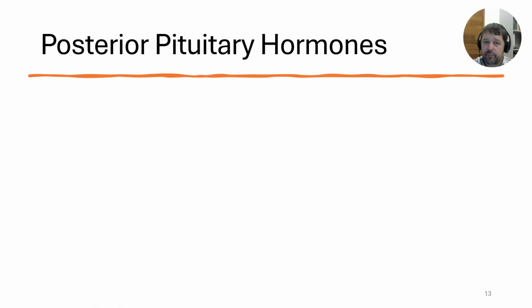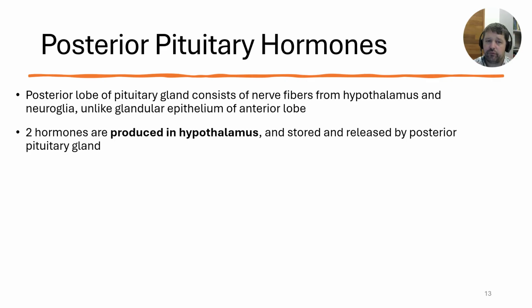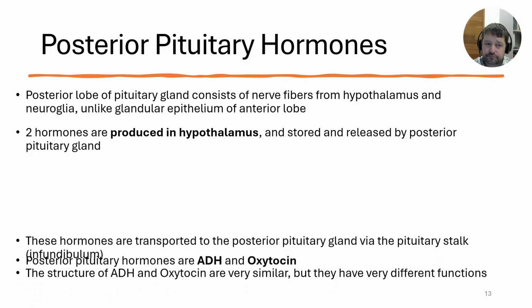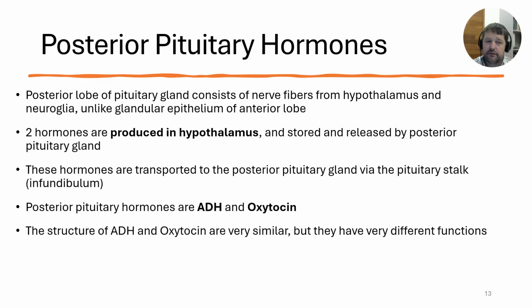All right, let's look at the posterior pituitary hormones. Real quick, these ones are released by stimulation of neurons coming from the hypothalamus. Two main ones, ADH and oxytocin. ADH is going to stimulate vasoconstriction, and oxytocin can also do that.